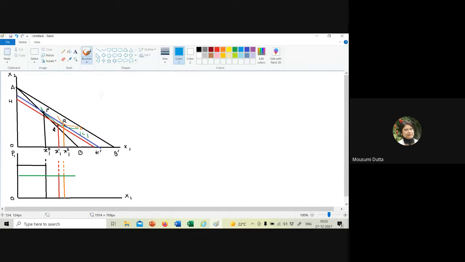Now I am drawing the final indifference curve. This is IC3. And also dropping perpendicular from it.